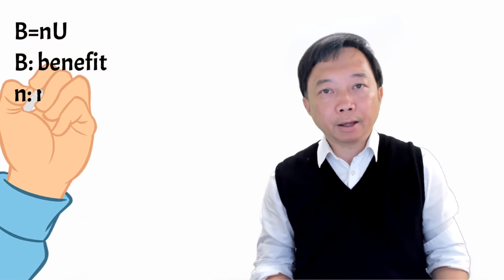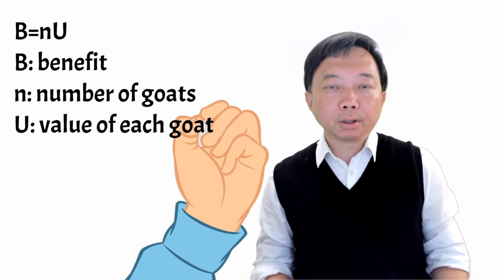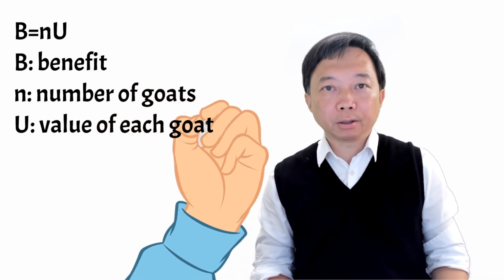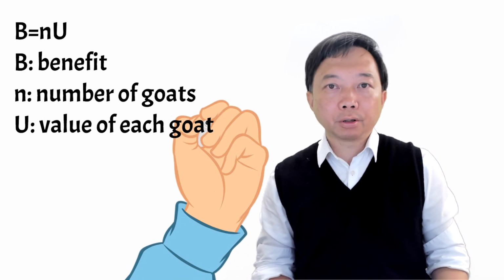B equals N times U. B is the benefit each villager will have. N is the number of goats raised by each villager, and U is the value of each goat.